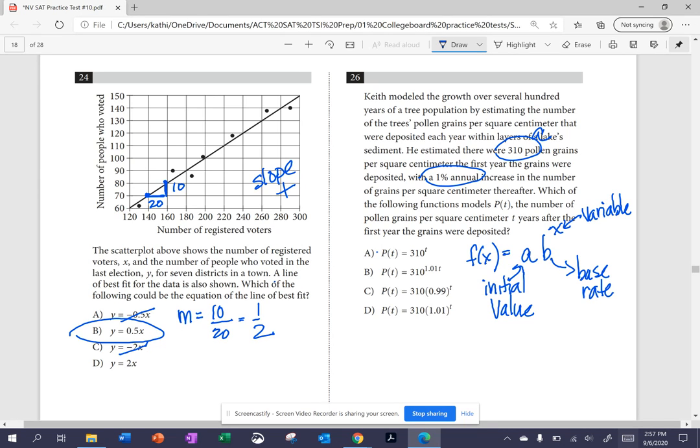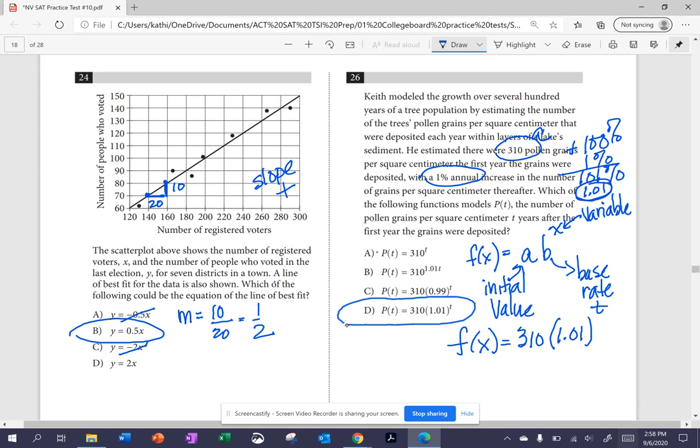My rate is a 1% increase, so that means I have 100% plus 1%, so I have 101%, and as a decimal, that's going to be 1.01. So this is going to be f of x equals 310 times 1.01 to the t, which is answer choice D.